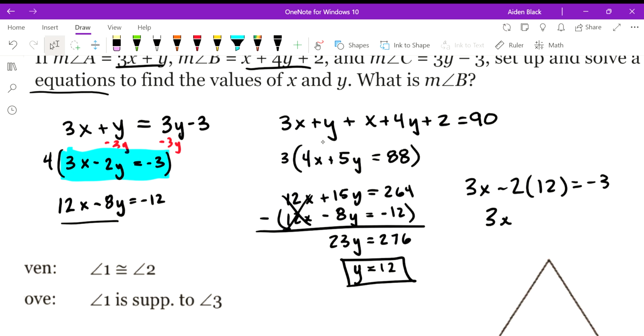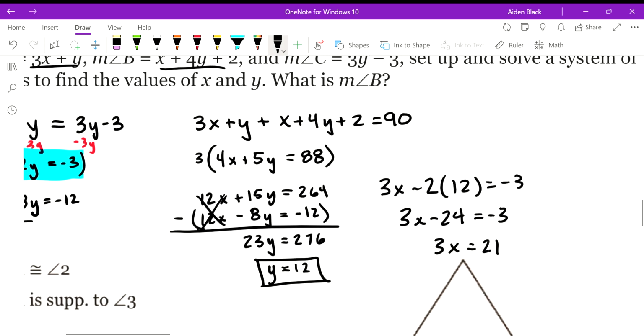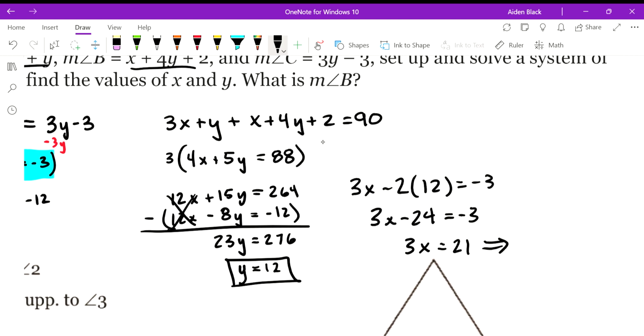So we have 3x minus 24 equals negative 3. If I add 24 to both sides, I get 3x equals 21, and we get a nice number. Divide both sides by 3, you get x equals 7.